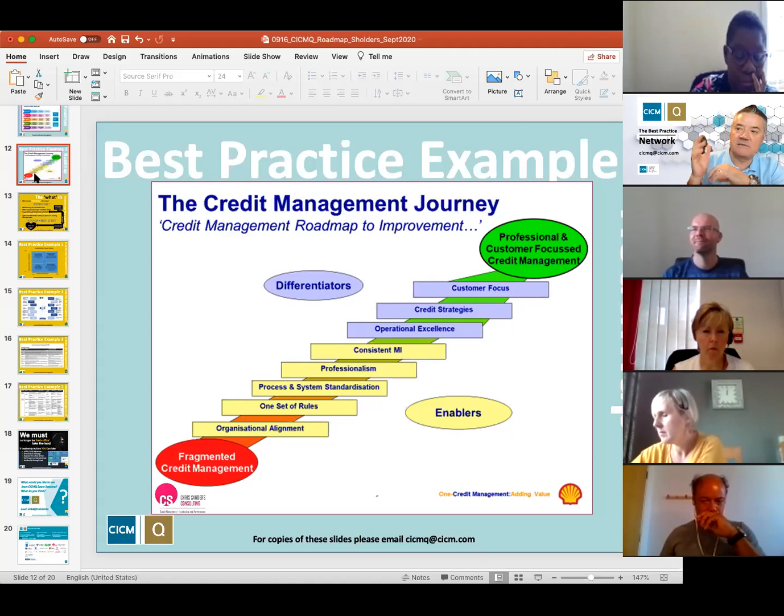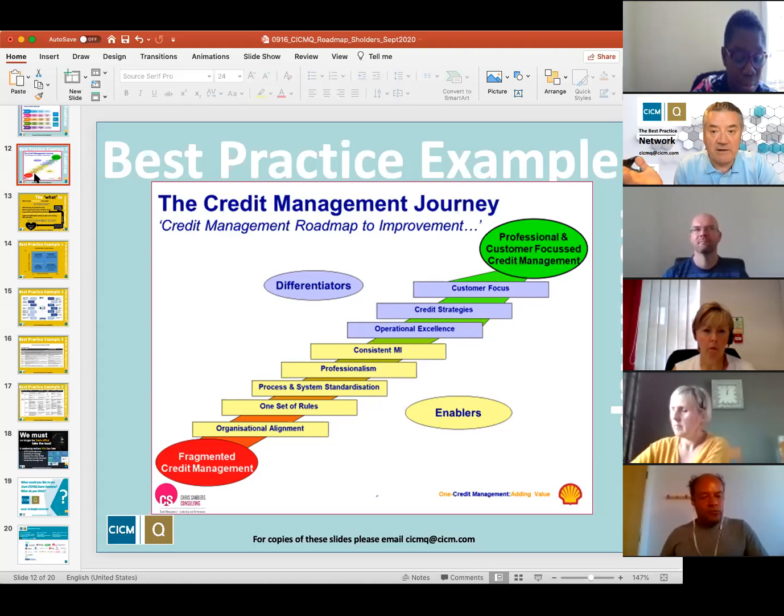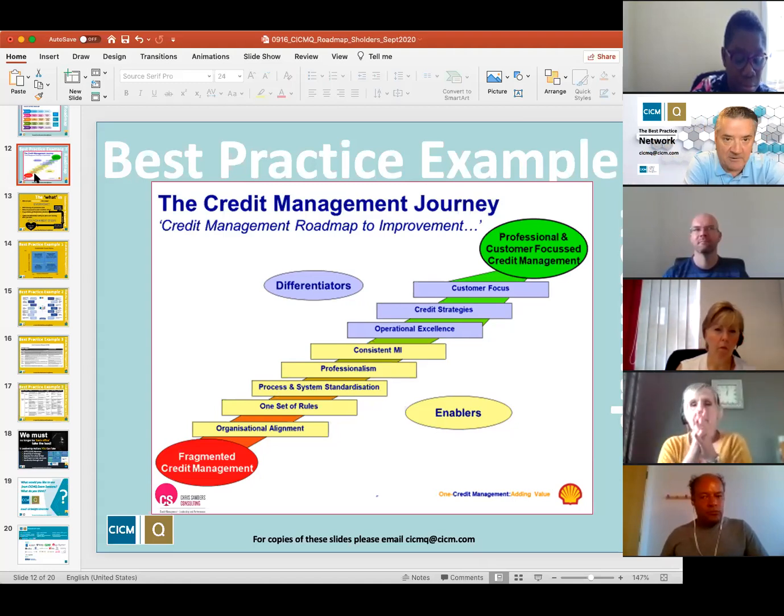You look at the numbers they're doing now. It's an incredibly focused organisation, and they've changed. Every time we do an assessment, they do something slightly differently. They did have 1,200 people in credit then. They've got 500 now, and it's all shared service centre. There's no country-based credit management at all now.